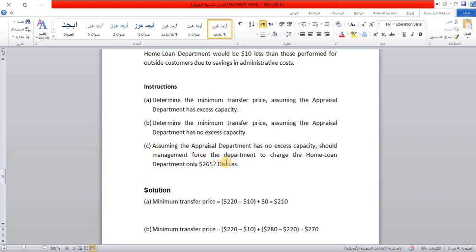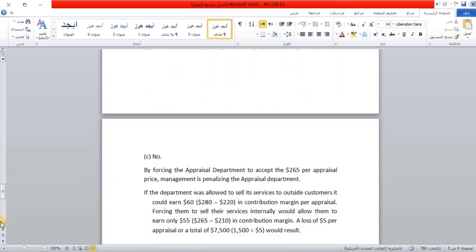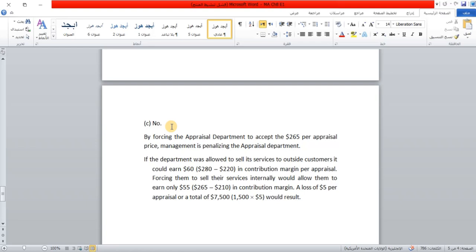Should management force the department to charge the home loan department only $265? Discuss. The answer is no, because by forcing the appraisal department to accept the $265 per appraisal price, management is penalizing the appraisal department. If the department was allowed to sell its services to outside customers, it can earn $60 in contribution margin per appraisal.